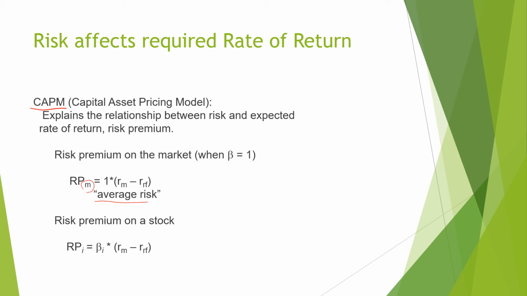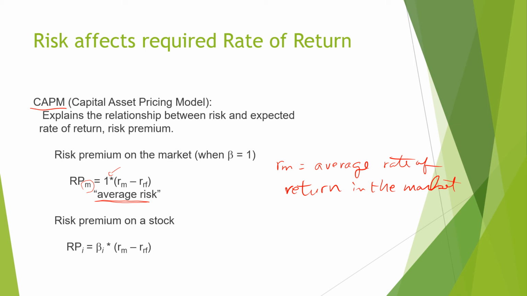When beta is 1, RM is the average rate of return in the market. That is return of market minus return of risk-free, right? That difference multiplied by beta 1 is called risk premium of market.